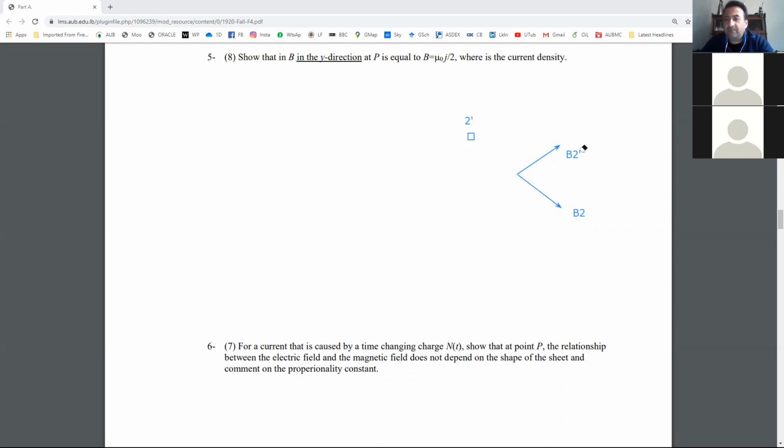So I'm going to have B of 2 and B of 2 prime. Now, how was B2y in the y direction? I remind you, this is the x direction, and that's my y direction.